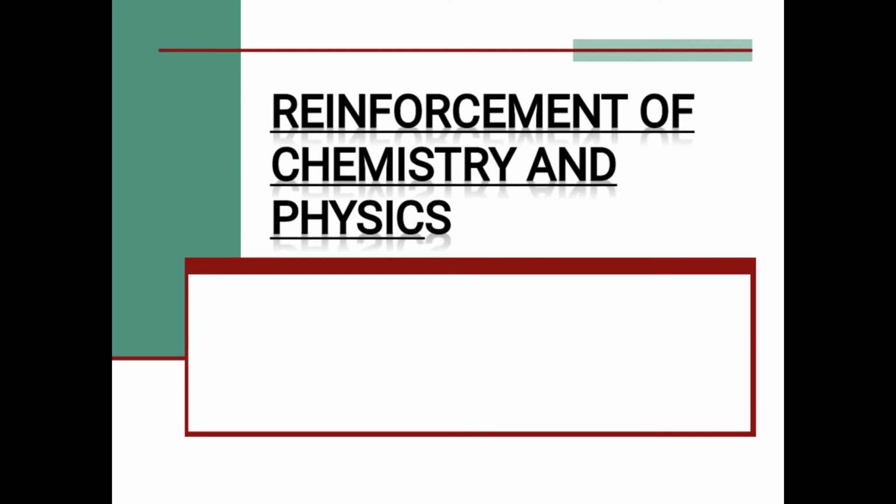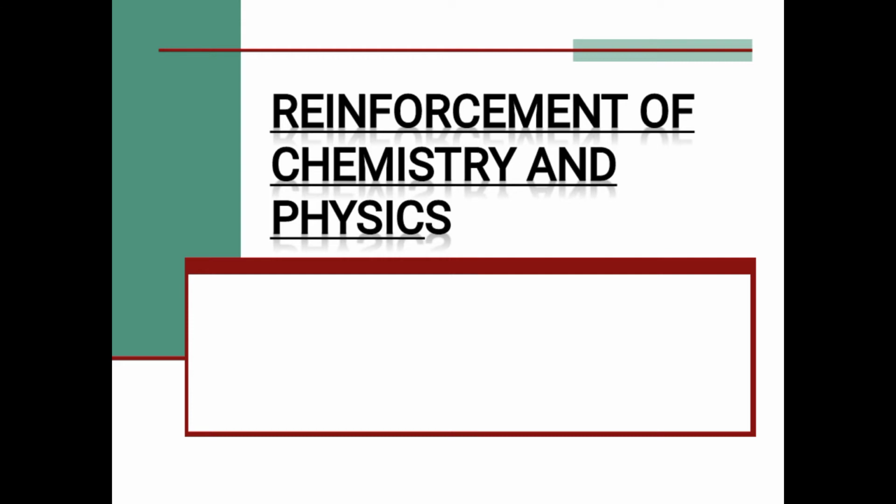So students, as you all know, your first monthly test of physics and chemistry will be conducted on Friday. And I want to tell you that we are going to conduct a combined monthly test of physics and chemistry. Means your physics and chemistry test will be of 25 marks. We are not going to conduct separate MTs for physics and chemistry.